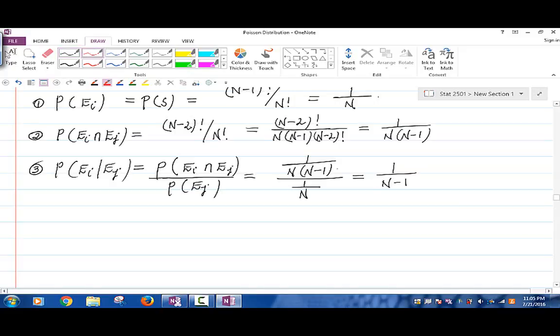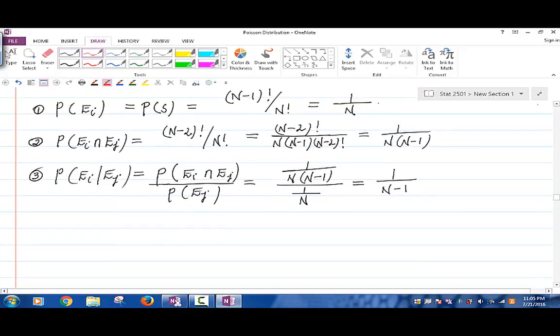So notice that the probability of E_i is 1 over n, and the probability of E_i given E_j is 1 over n minus 1. They are not the same, but they are pretty close to each other.